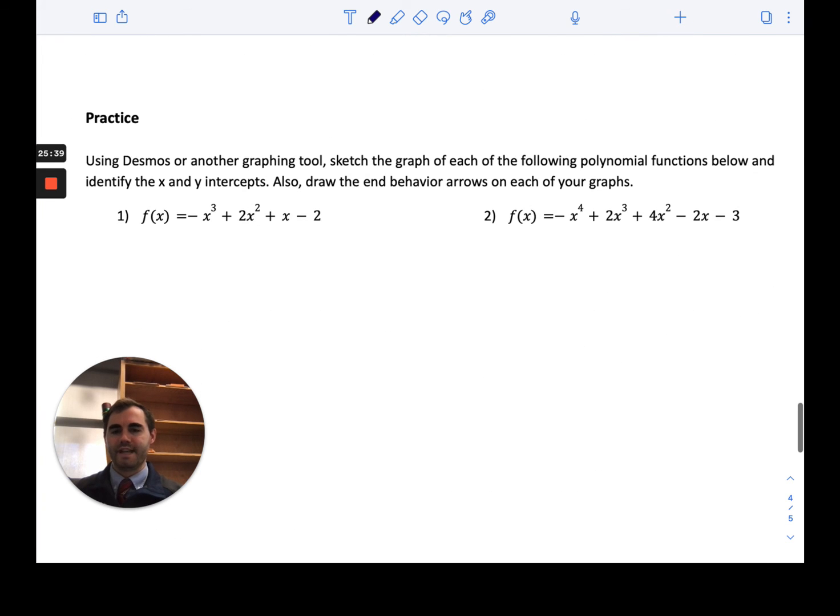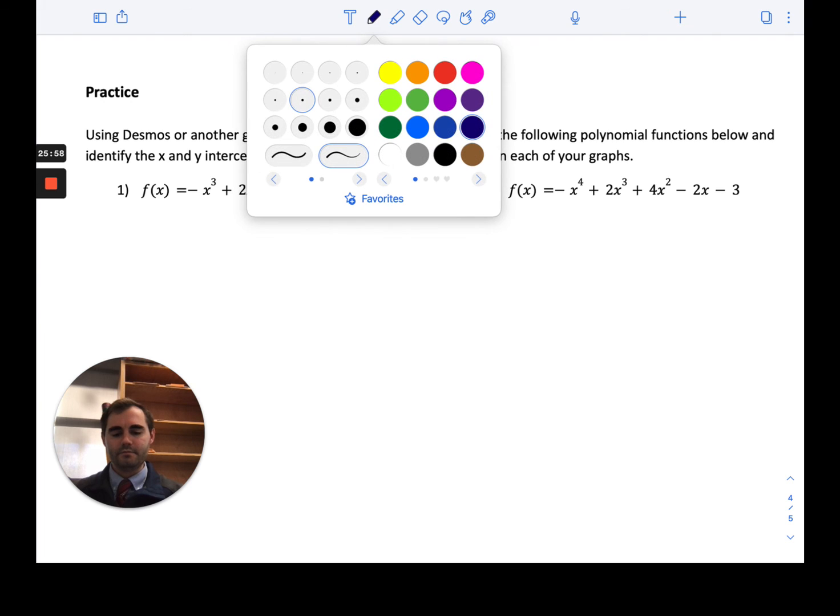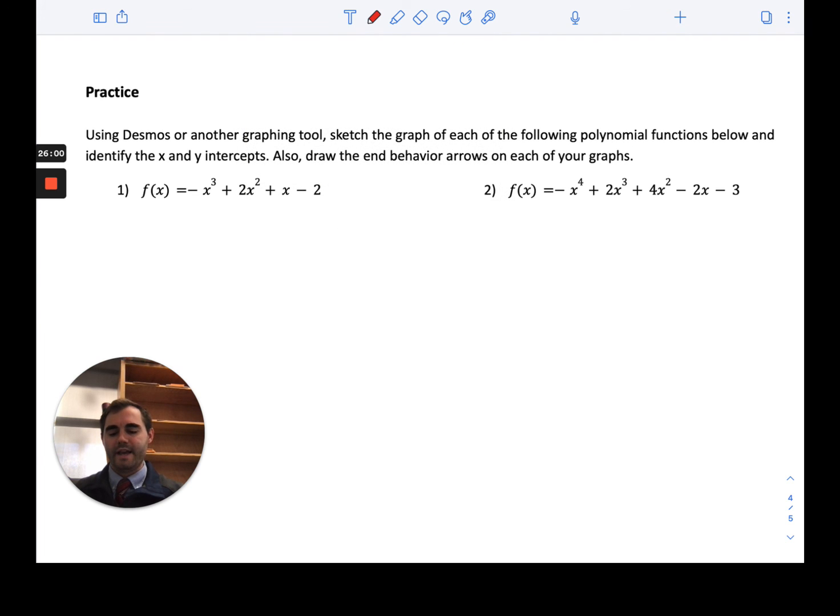Okay, so down here we just have some practice. What you would do here is basically what we were just doing up above, just to summarize everything. First you're trying to figure out the end behavior for each one of these, right? Where's my graph going to be going off to? So if we take a look at number 1 here, for our end behavior, the degree on this polynomial is 3, so it's odd.